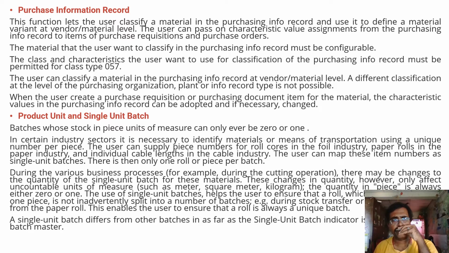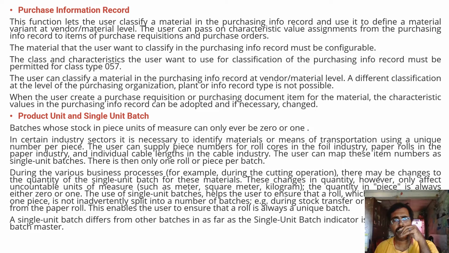There may be many changes to the quantity of single unit batches for this material. These changes in quantity, however, only affect the units of measure such as meter, square meter, kilogram. So these are the units of measure. The quantity in piece is always either 0 or 1. That is quite complex, but understood.